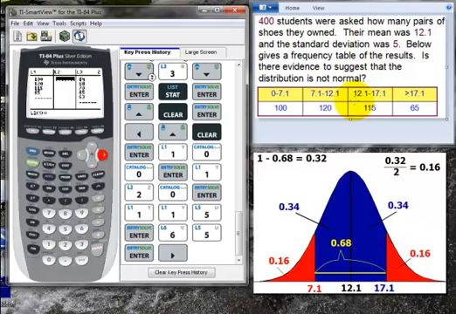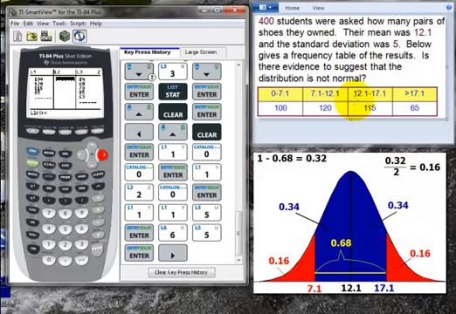Well, we know from the empirical rule that within one standard deviation of the mean, we should expect 68% of the data to lie. If you just want the left-hand side of that, that'll be half of that. Half of 68% is 34%.